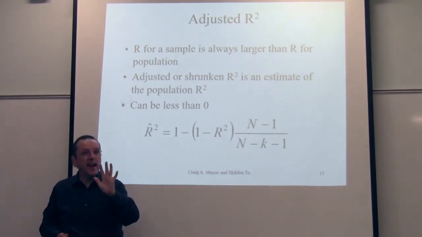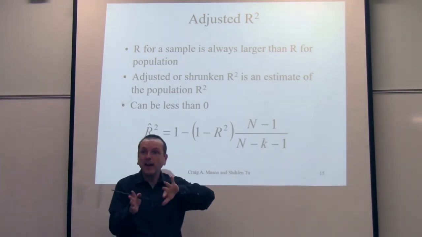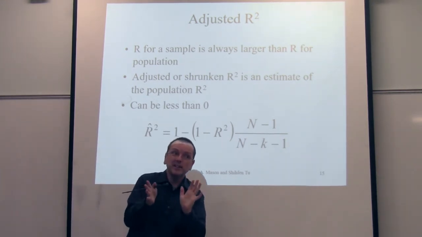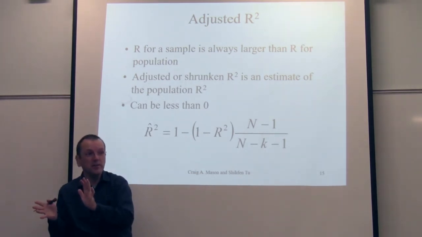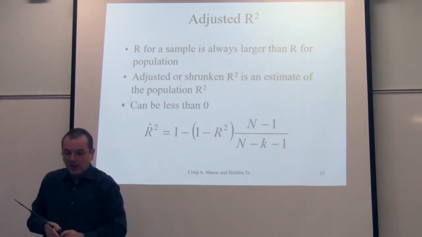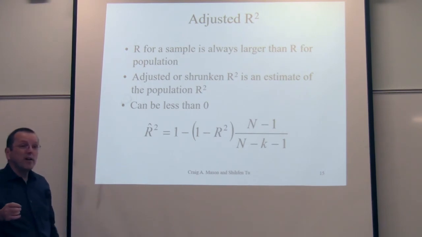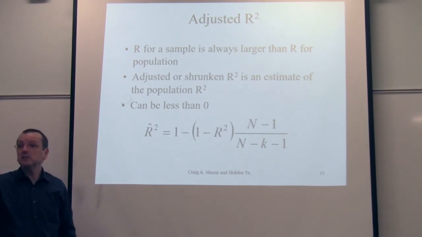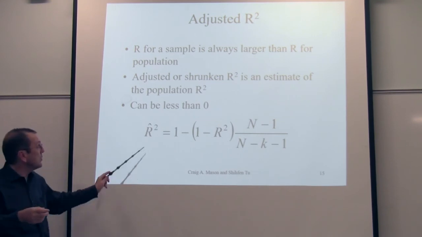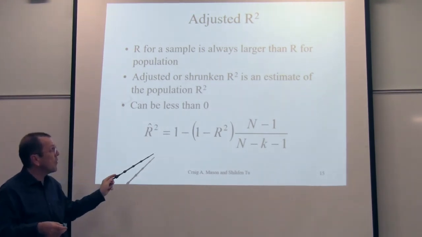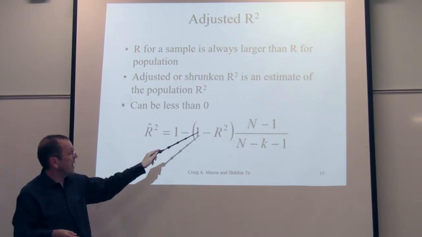So again, because it can't get smaller, any error is kind of tilted towards making things bigger rather than making things smaller. So your R squared is actually a slightly inflated estimate of what the true R squared in the population would be. It's a little inflated, and you can adjust for it using this formula, which is kind of messy.